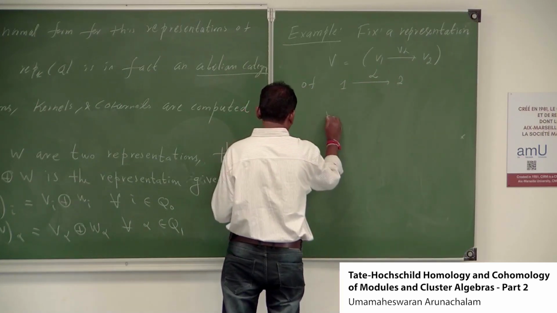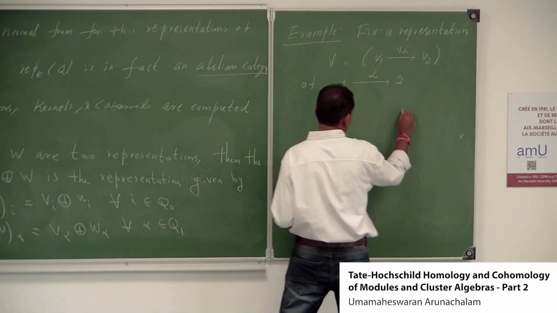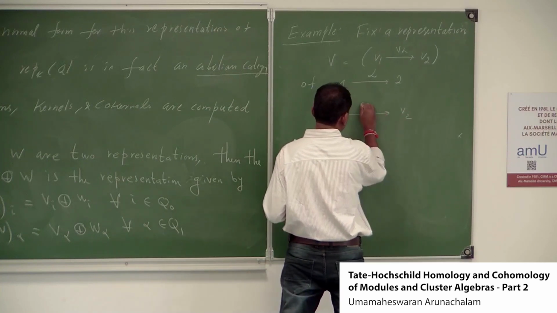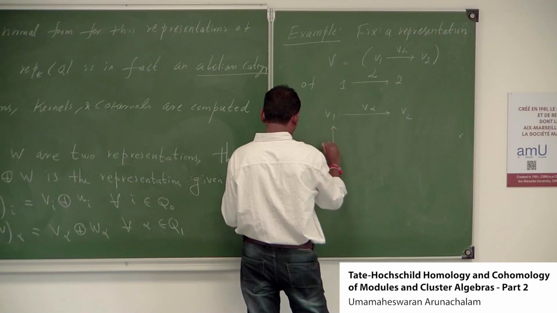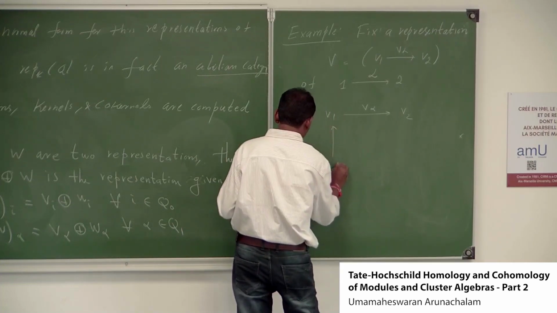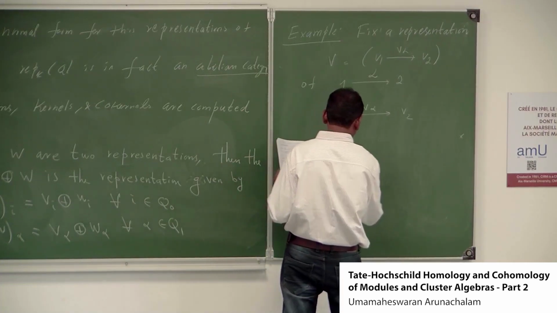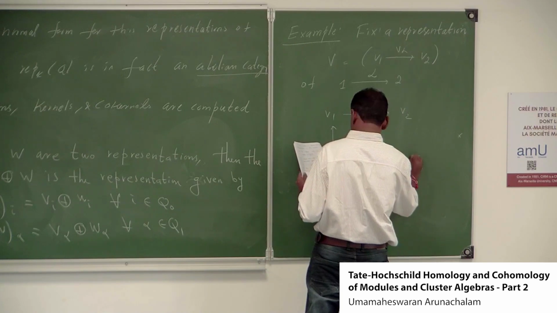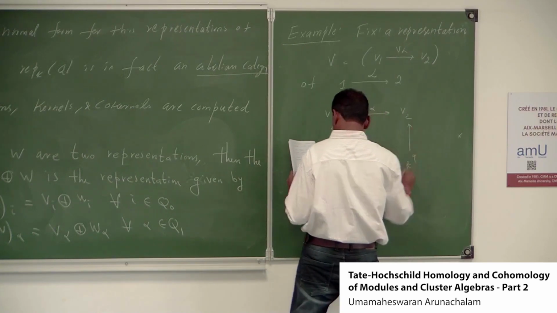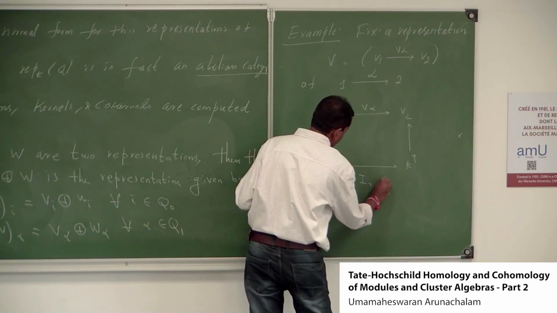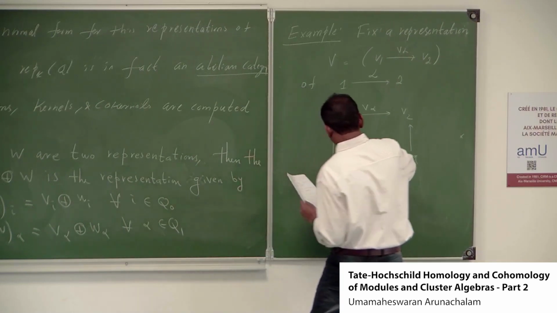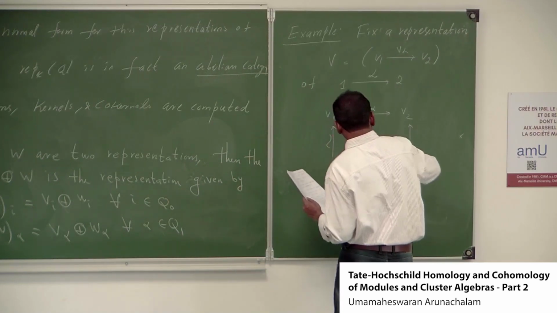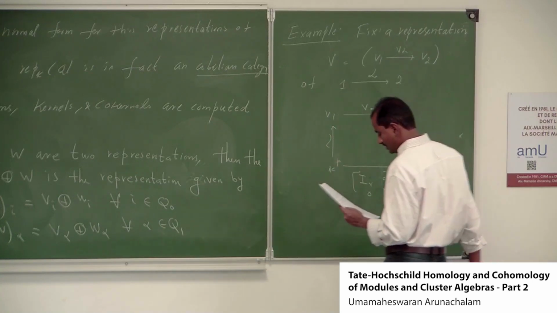So V1 here, V2 here, and V alpha is the map. This one is K to the power P, and this one K to the power Q, with the matrix I_R, 0, 0, 0, a 2 by 2 block matrix. So actually this is isomorphic to this one, and here also this is isomorphic to this one.